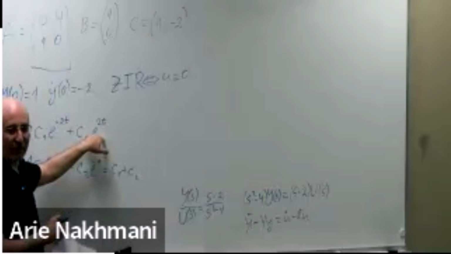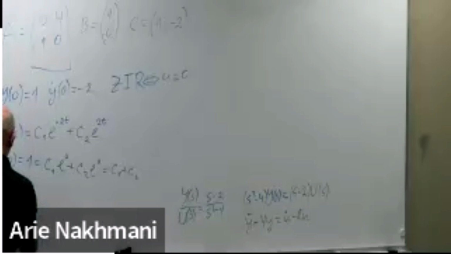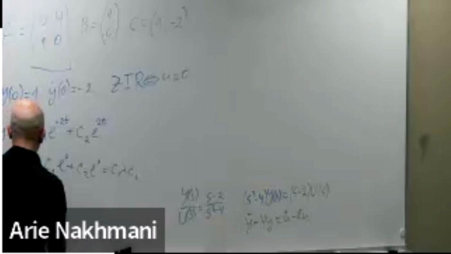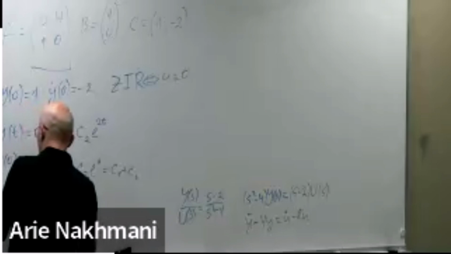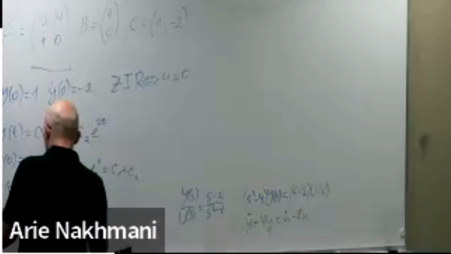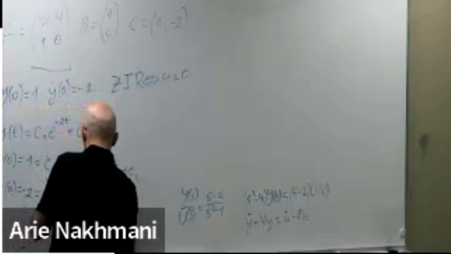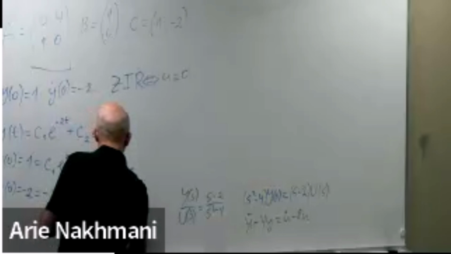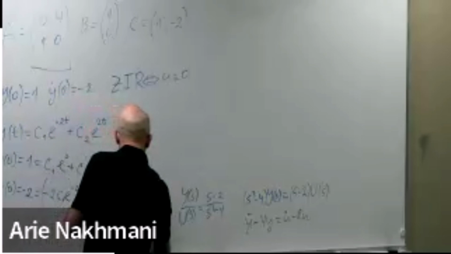This is the derivative of exponents. Remember that from calculus? Okay. So what we get here is that y dot 0, which is -2, will be equal to minus twice c1 e to the -2t plus 2c2 e to the 2t, all of that given t equals 0.